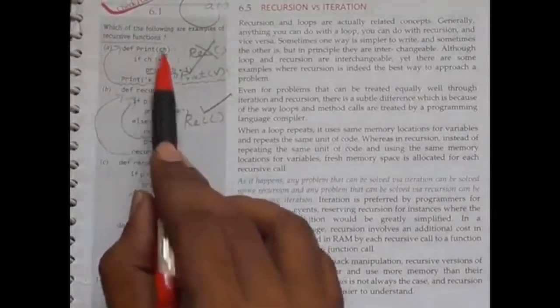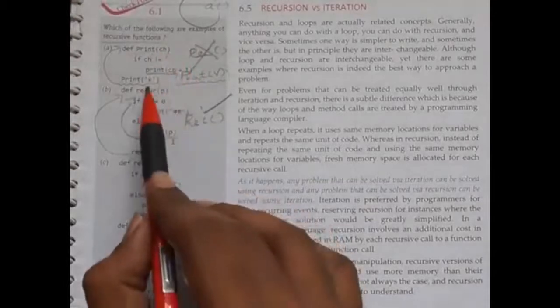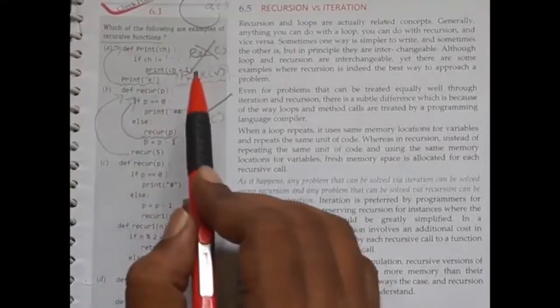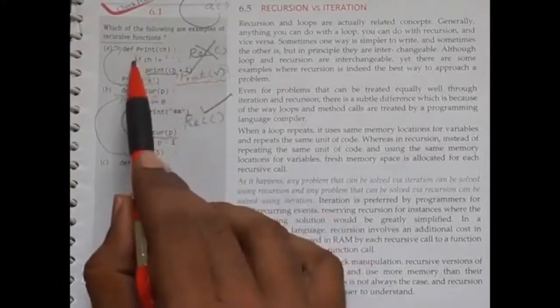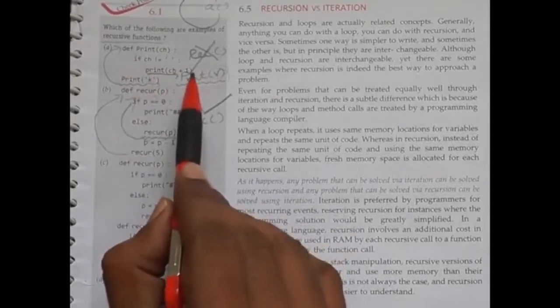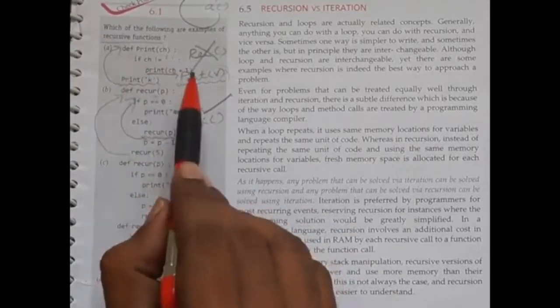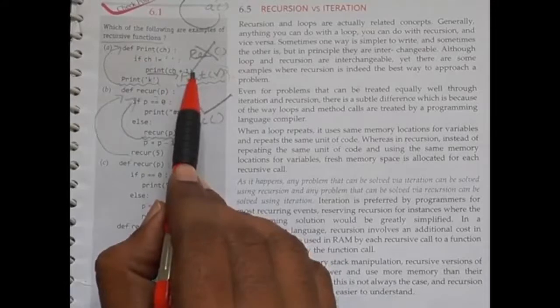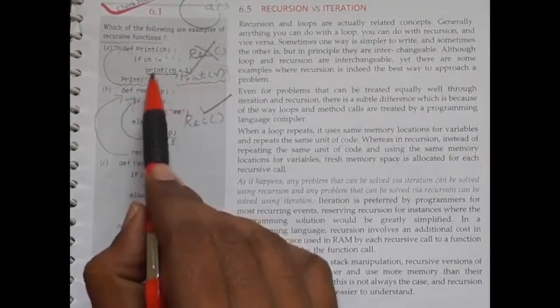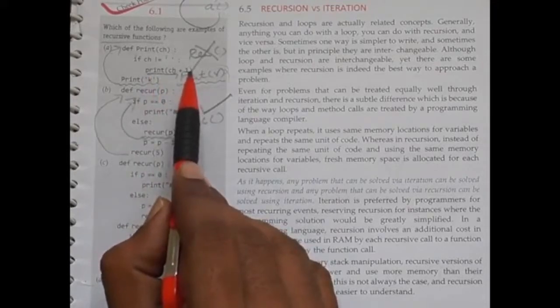Def print ch function. Now you say here, where is the function body? Yes, function body starts from here and ends here. Inside the function body, can you see any calling statement? I think this looks like a calling statement, right?